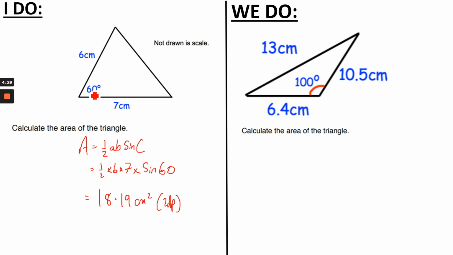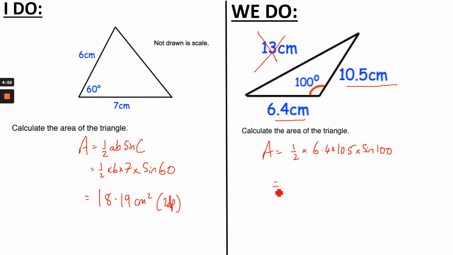Okay, all you need is two sides and the angle between them. So for this one, okay, well, all you need is two sides and the angle between them. This 13 is irrelevant. We don't actually need it. So area is going to be half of 6.4 multiplied by 10.5 multiplied by sine of the angle between them.